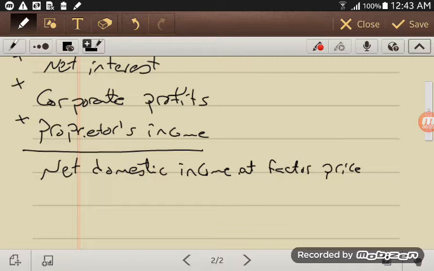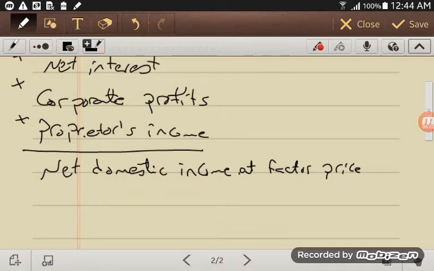But we would like to convert it from factor price to market price, as by definition GDP is the market value, not the factor value. So we have to convert it using indirect tax and subsidies.